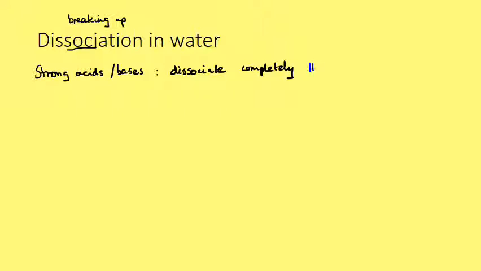As a gas, the acid molecule is HCl, and then when it dissolves in water, what you get is that covalent bond breaking up, and the hydrogen ion exists on its own separately from the chloride ion when they are in water.